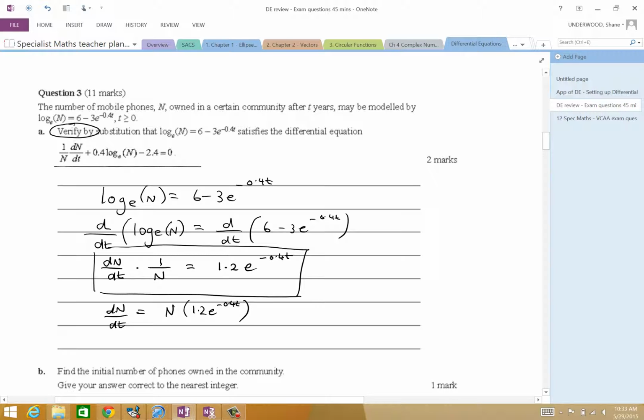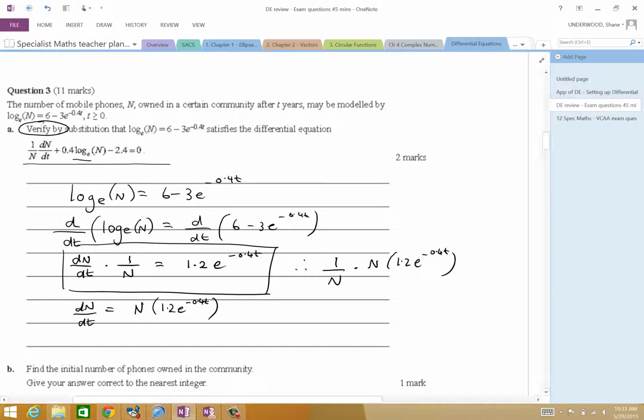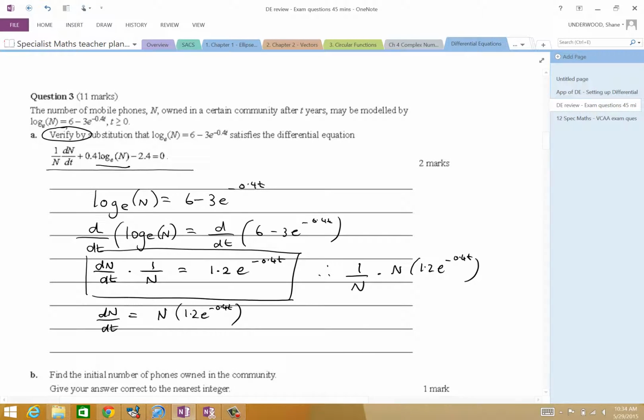Yeah. Now what I'm going to do is therefore 1 over n times n 1.2 e to the minus 0.4t plus, now have a look at this. Log e to the n is given here, but haven't we been given an expression for log e to the n? What's this?